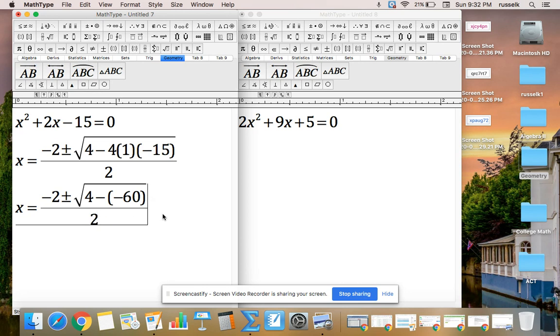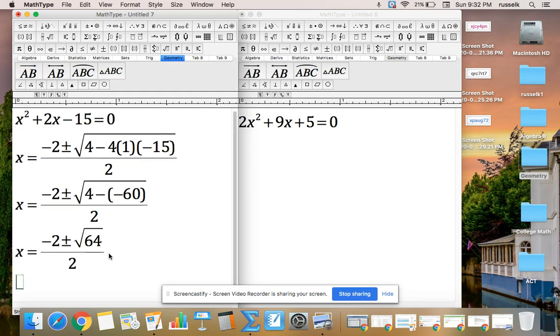Still over 2. Inside that radical would then give me 4 plus 60, which is 64. That is a square root that comes out evenly, so at this point I would split this into two problems.